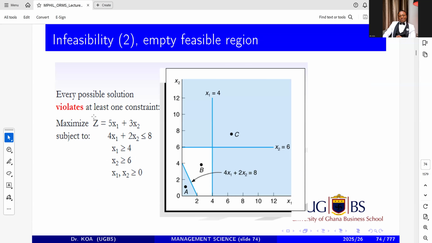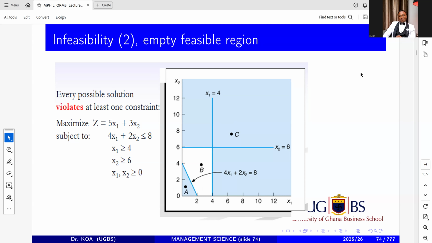So this is the Z function, which we are maximizing. And this is our usual non-negativity constraint. Look at this constraint. If I had not drawn this, which normally I wouldn't draw, you should be able to draw this. And look at this one, X1. X1 says everything that is above 4, including 4, should be shaded.